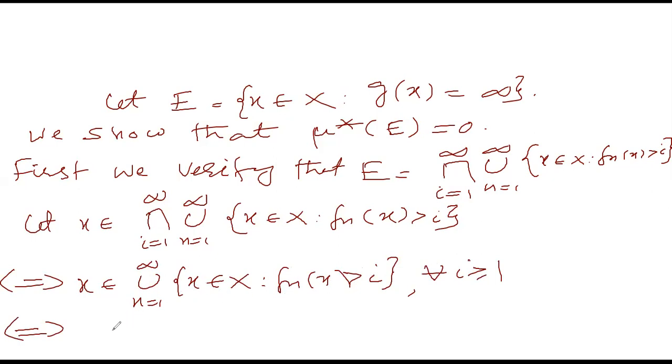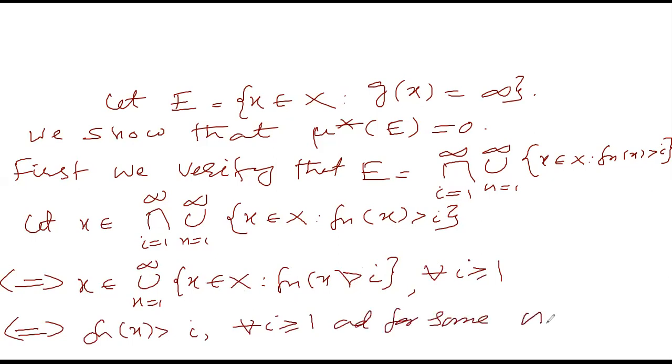That means f_n(x) is greater than I for all I greater or equal to 1, for some n.